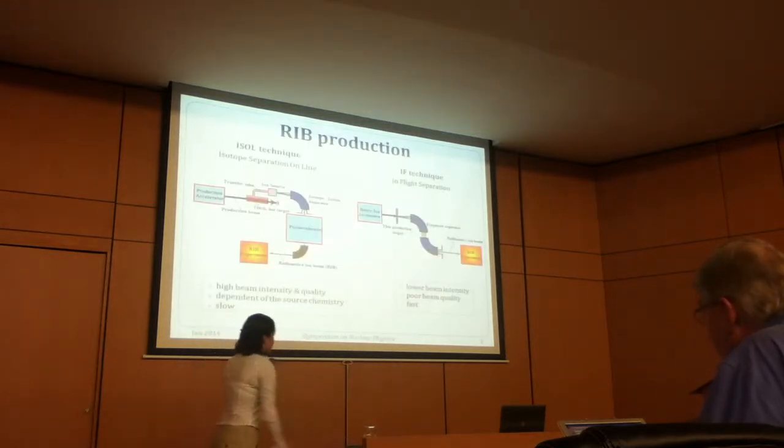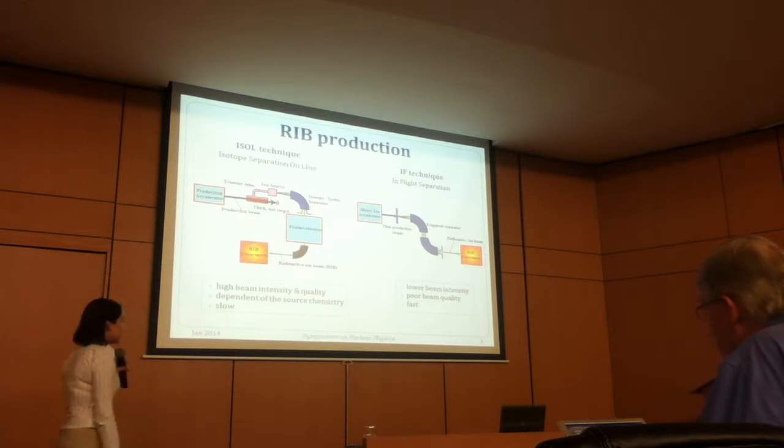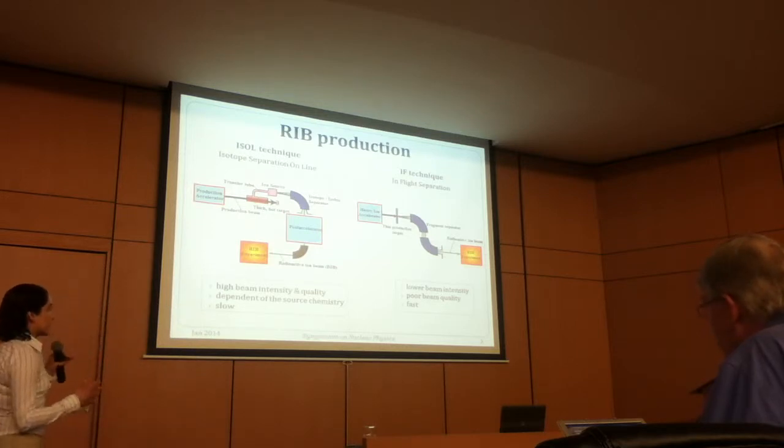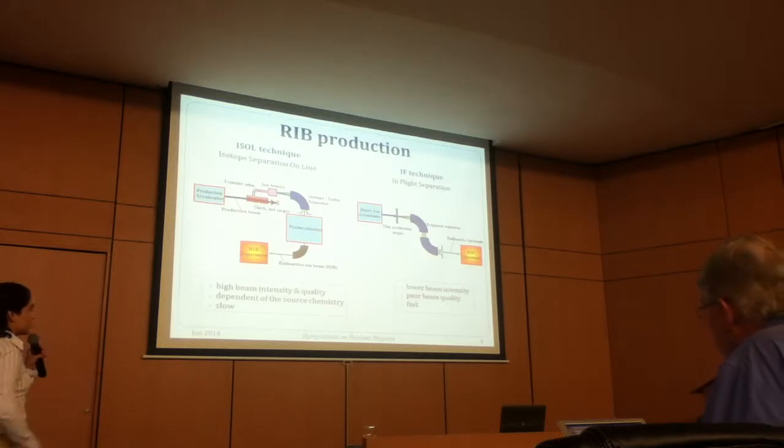The current facilities that produce radioactive ion beams can be classified in two different techniques. You already heard from Catherine's talk about an example of a fragmentation facility, that is NSCL.